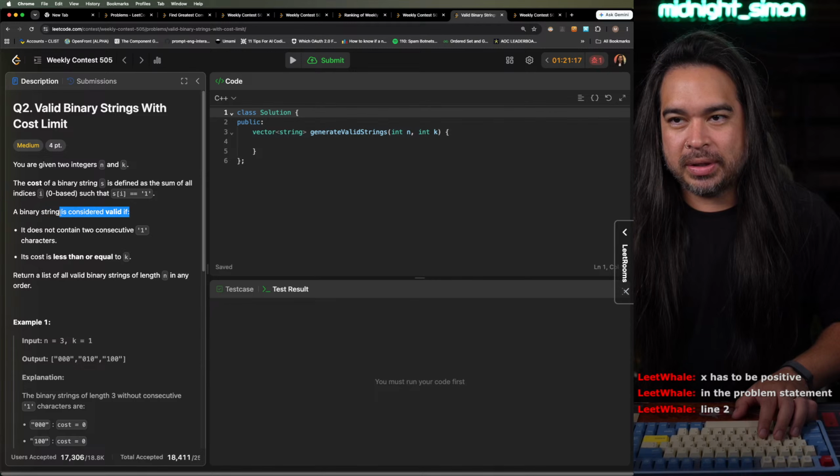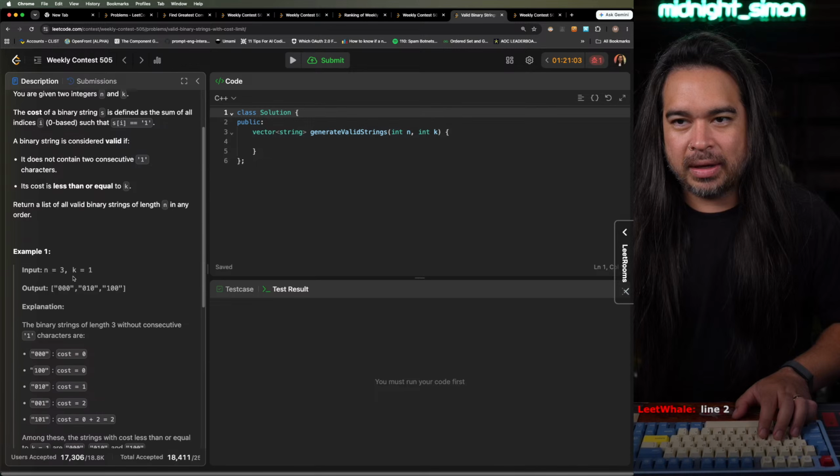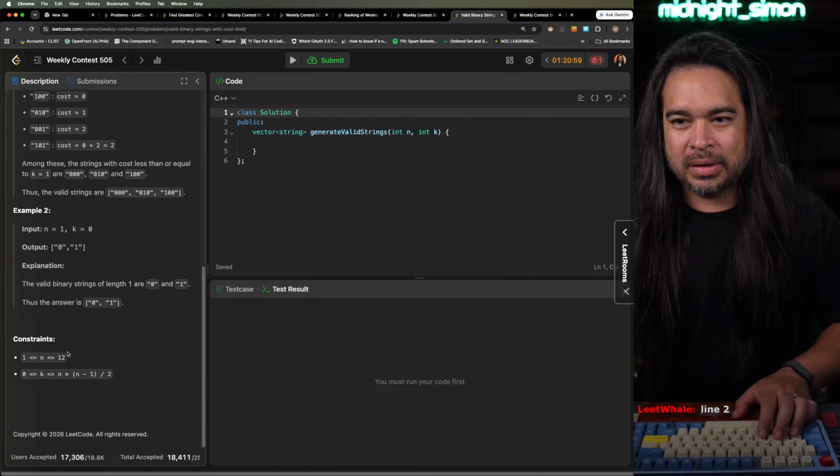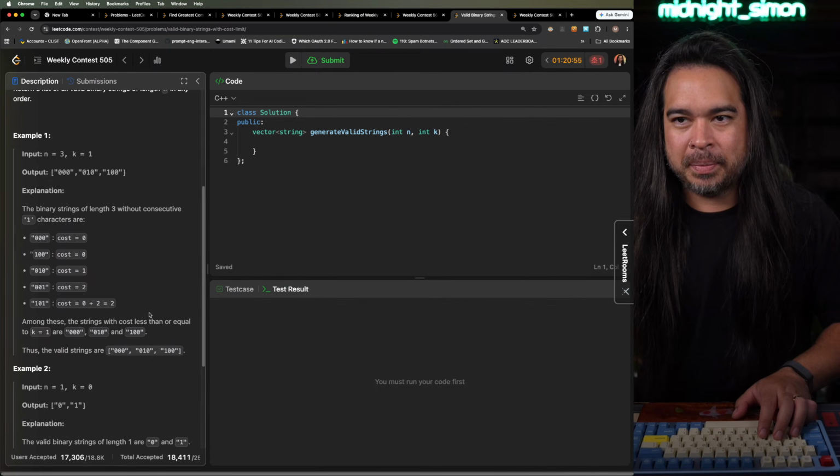A binary string is considered valid if it does not contain two consecutive 1 characters. It costs less than or equal to k. Return a list of all valid binary strings of length n in any order. This is a backtracking type of thing they want from me.